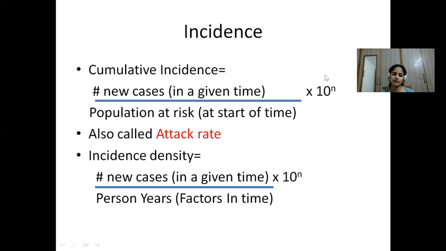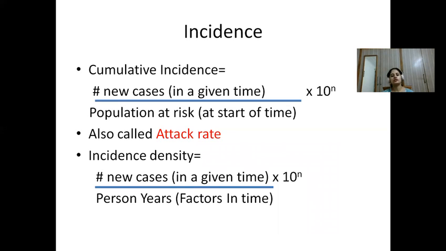And this is based on the choice of the person who is conducting the study. If the numerical value of the ratio is very, very small, then the multiplier can be high, like 1000. So if it is 0.002 cases per population, then it can be multiplied by 1000 to make it 20. Cumulative incidence is also called attack rate.